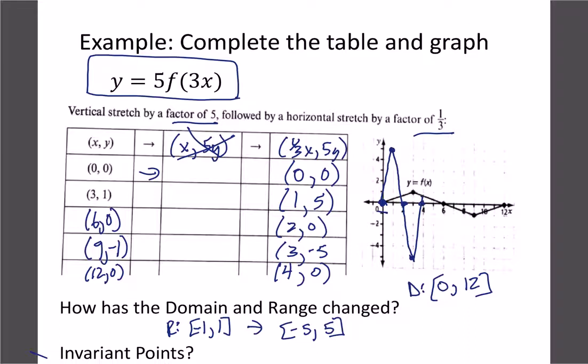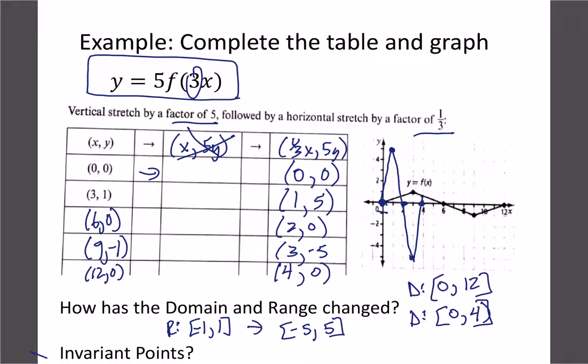We did a 3 in the equation, which was a third, so that means we times those numbers by a third, so we went from 0 to 4. And you can see, that should be square brackets, on that graph I drew, it did go from 0 to 4. So that's pretty simple. Once you get the idea of what you're doing in terms of the fractions and multiplying, it's just simply multiplying or dividing the numbers.